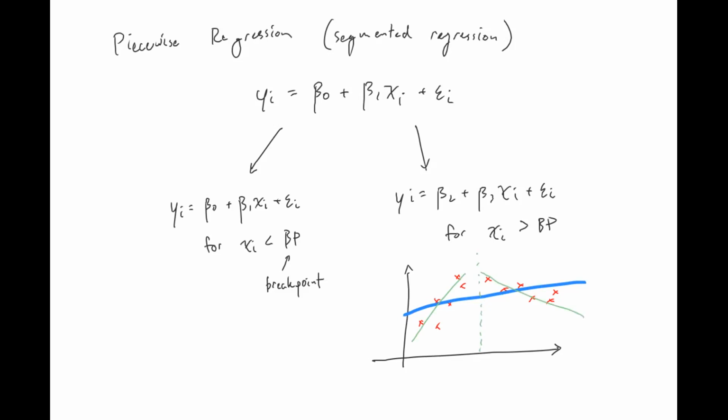And if you think about it, in theory, you could segment your regression to do a line between every single point, which would mean you're running segmented regression with a breakpoint at every single value of X in your data.